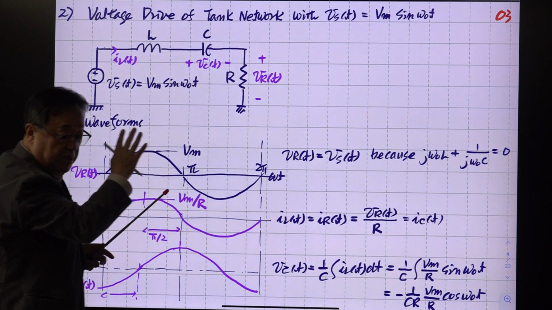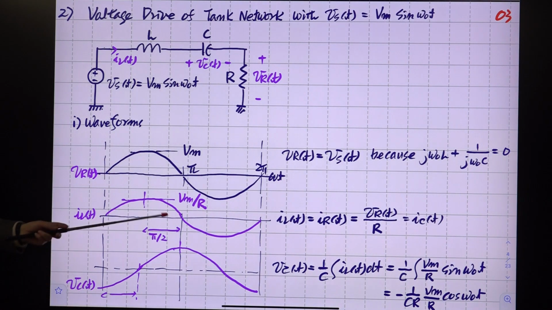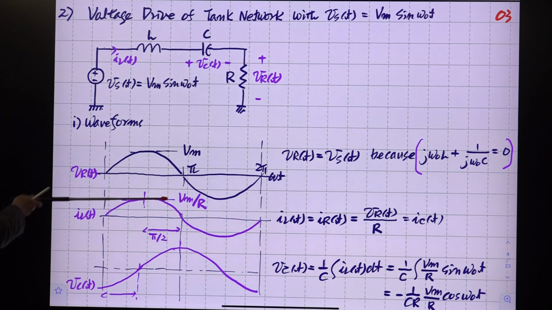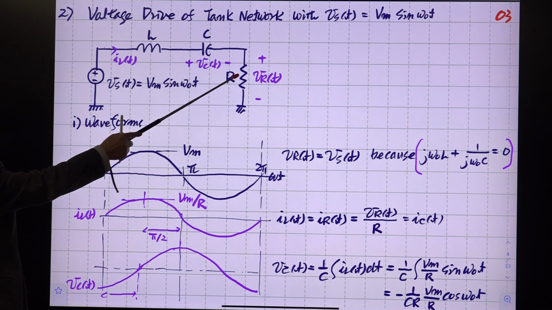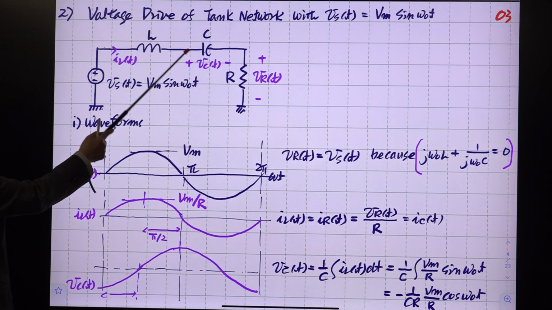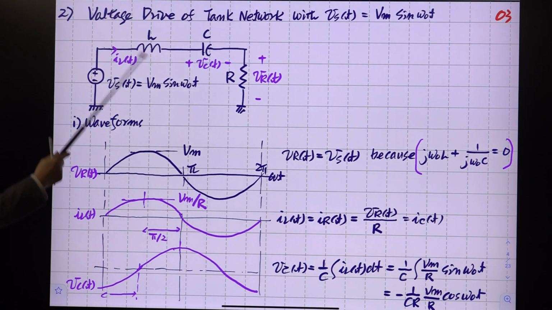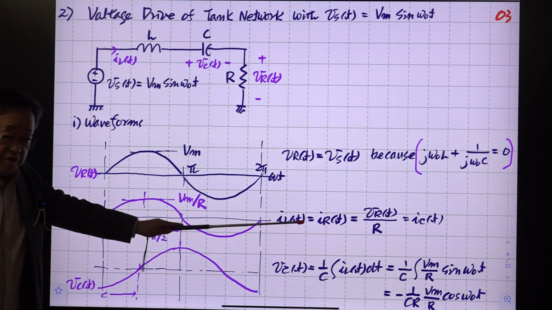Because the reactances of the two reactive components completely cancel each other, this voltage is the same as this voltage, and VR is the same as this. I draw this VR here. Then the current through R, which is IR, is the same as IC and IL. There is only one path. Its magnitude is Vm divided by R.